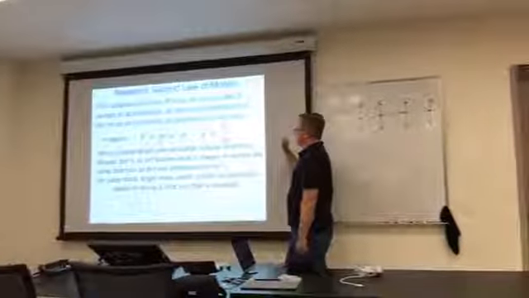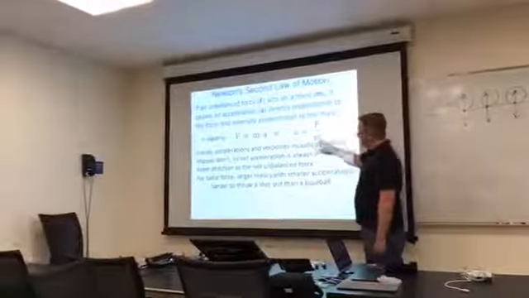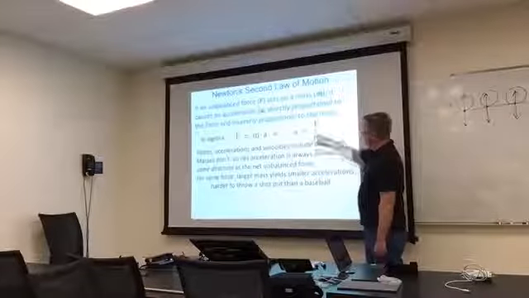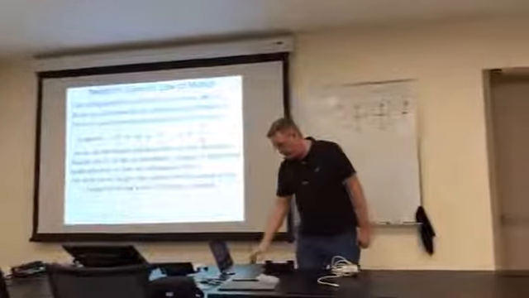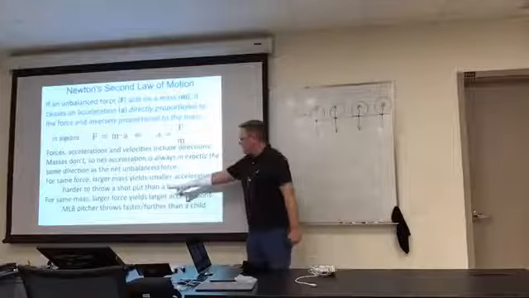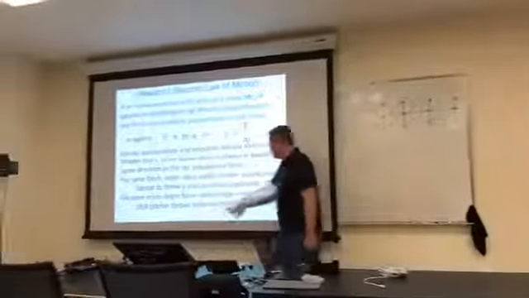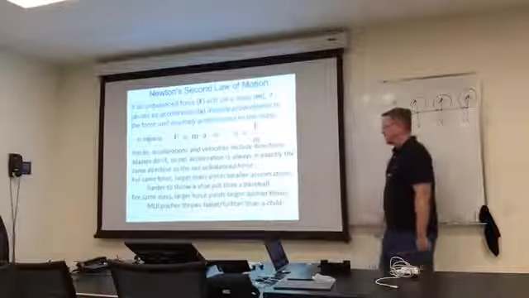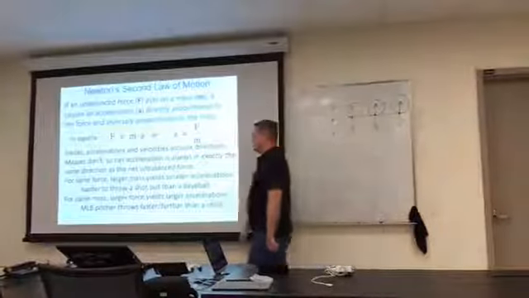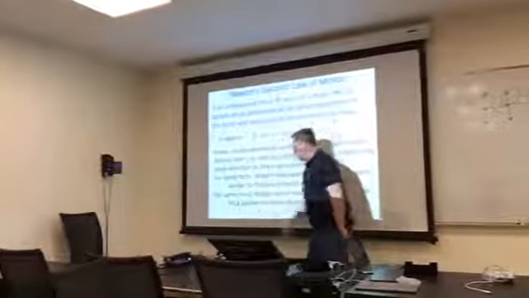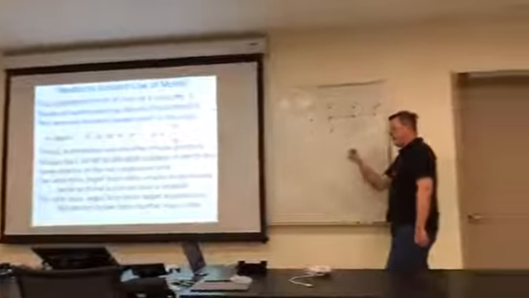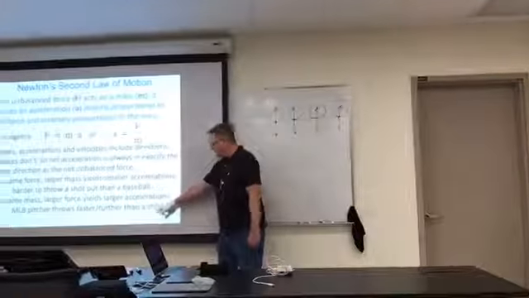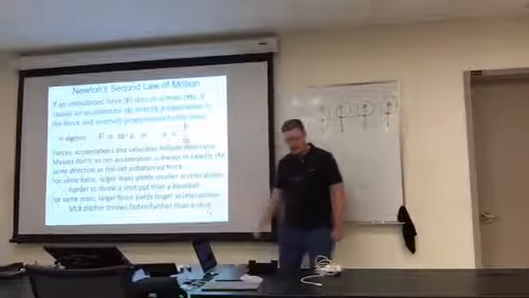If I switch it around and keep the object identical, so I don't let the mass change, but let the force change in the two scenarios, for the same mass, a larger force yields a larger acceleration. And so, in real-world language, a Major League Baseball pitcher can throw a baseball faster and further than a child, say, in a Little League game can.